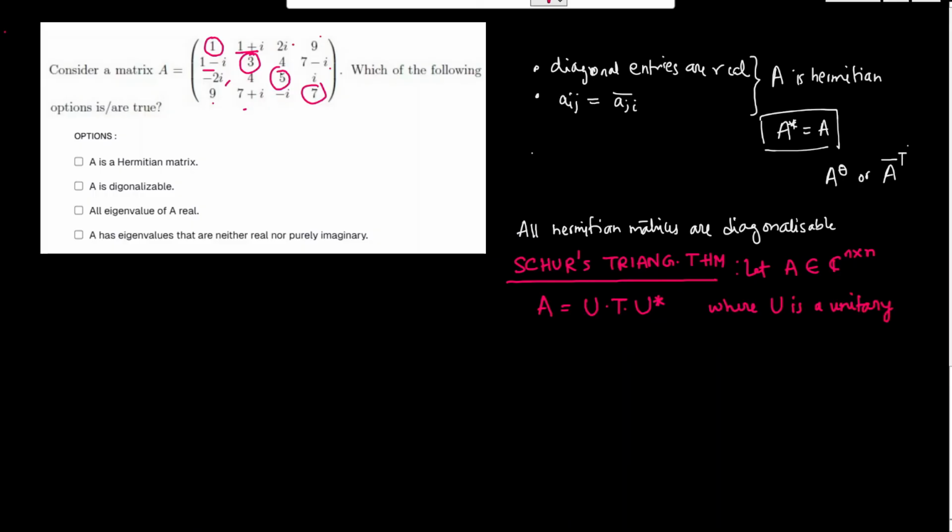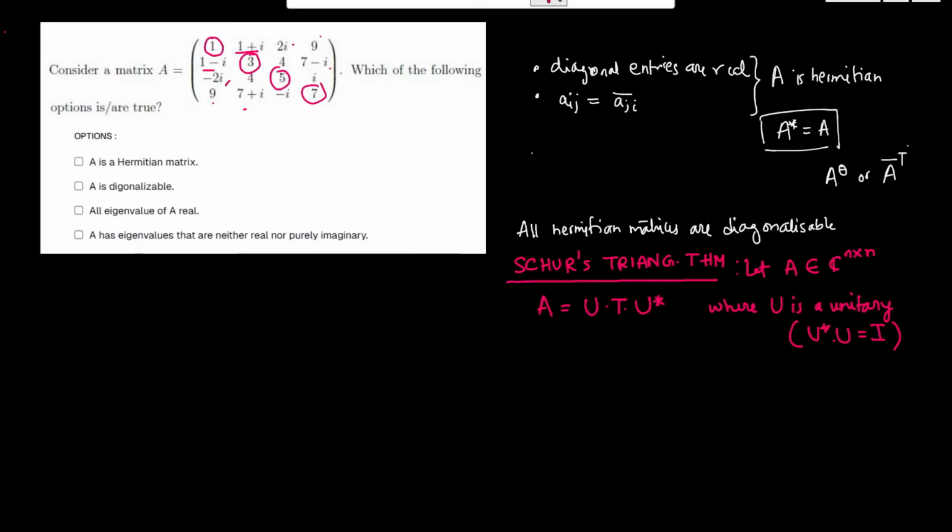Now, what do you mean by a unitary matrix? Unitary matrix means you have U star times U equal to I. Okay, so this is the idea of a unitary matrix. Okay, now this is the Schur triangulation theorem.